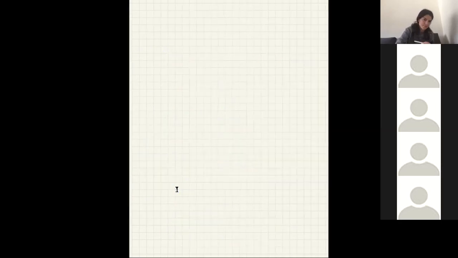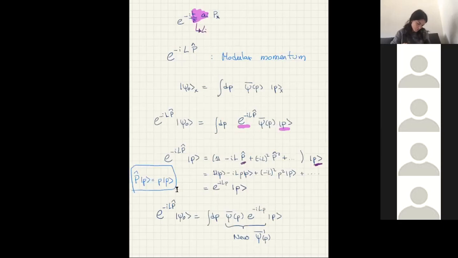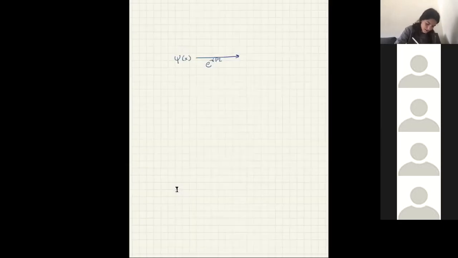So what we want to see is how this operator, e to the minus i p L, acts on the wave function. But what we did was to take the Fourier transform to look at the momentum wave function.